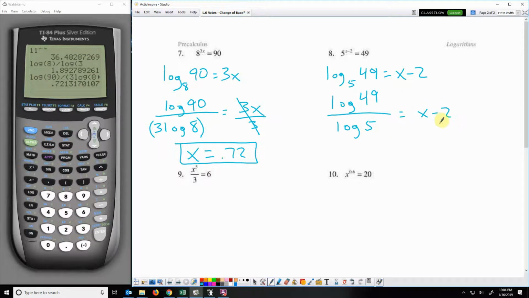Then I need to add 2 to both sides. So I'm going to bring this over as a plus 2. So log 49 divided by log 5, close parentheses, so my division is complete, plus 2. 4.42.